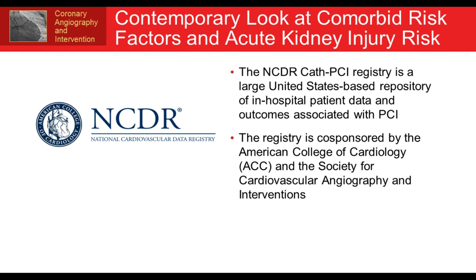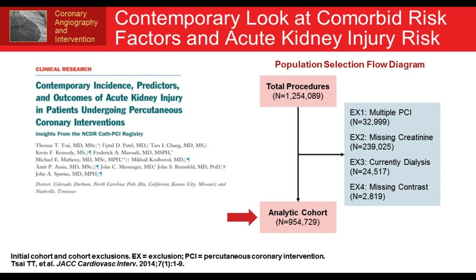So these data are from the NCDR CathPCI registry, and for those of you who are not familiar with it, it's the large US-based repository of inpatient data with respect to percutaneous coronary interventions, or PCI. The registry is co-sponsored by ACC and SCAI. The key study with relevance to AKI was published by Tom Tsai and colleagues, where, similar to the Mehran experience, they took a database cohort.